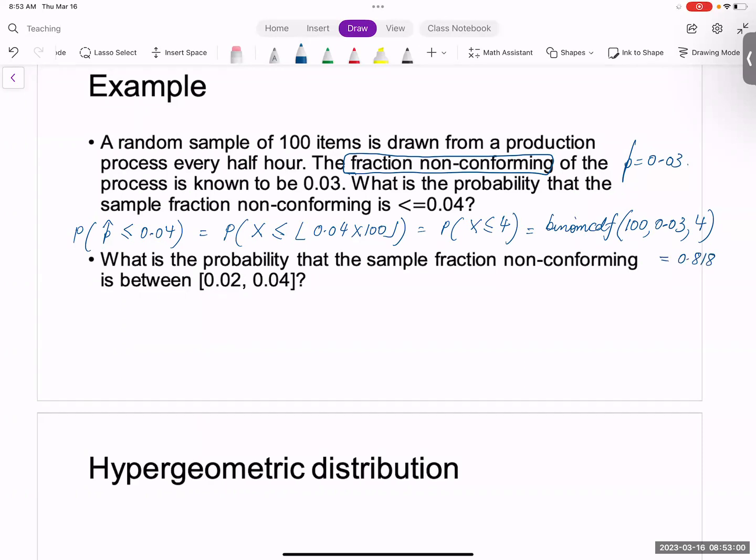And then we have the second question. It's a very similar problem. In this case, you're interested in probability p hat is less than 0.04 and greater than or equal to 0.02, right?